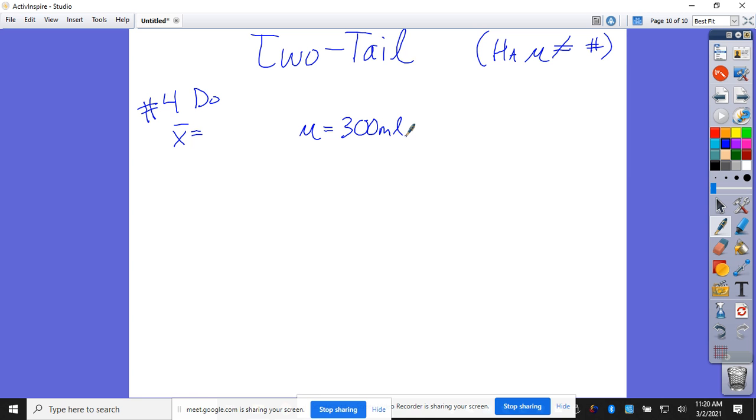If I typed in one variable stat, I would get an X bar of 299.0333. What does the problem not give me? So I'm going to have to find an S from my one variable stats as well. 1.5029.